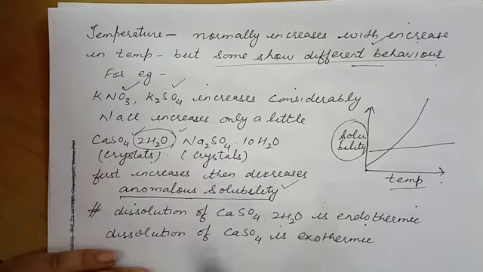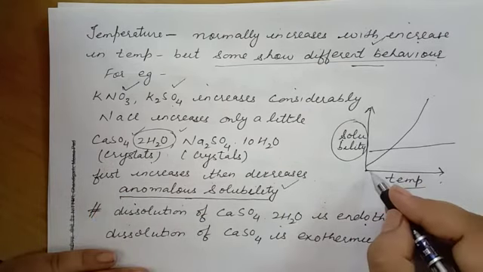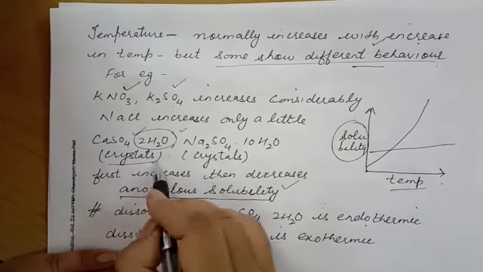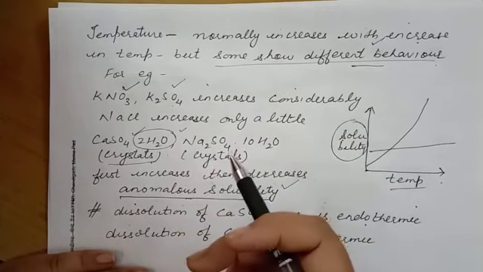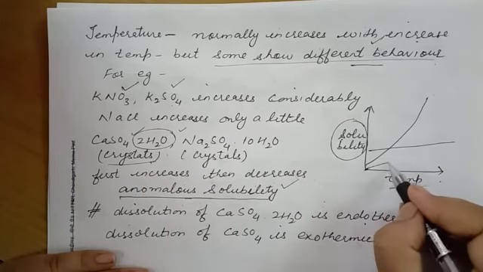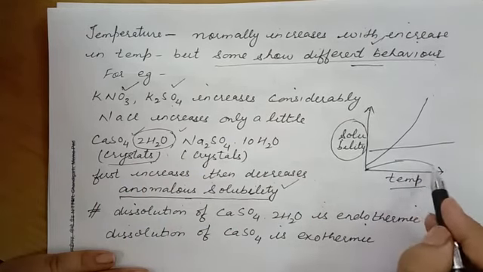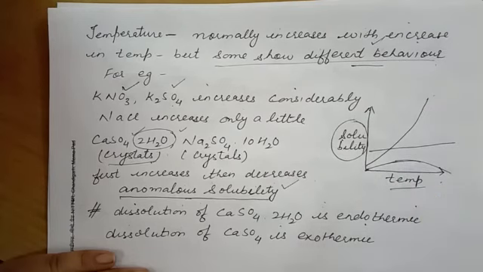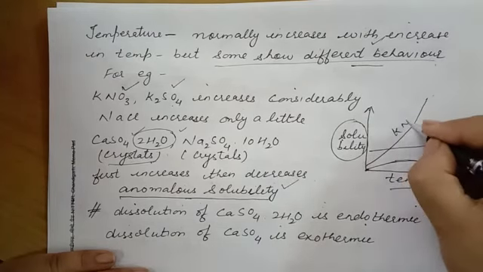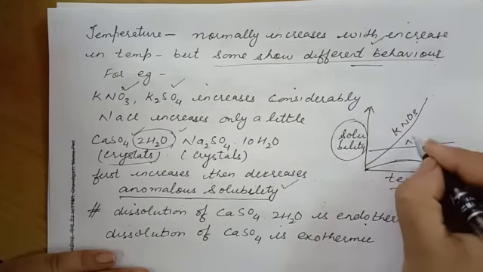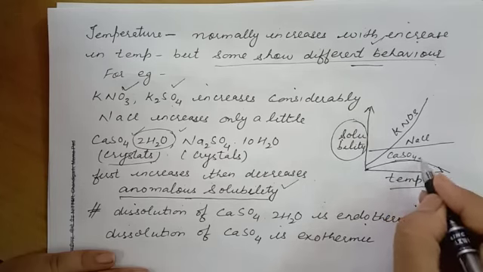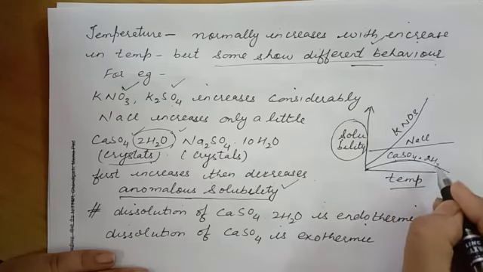So this is about calcium sulfate crystals. We call these hydrated salt crystals because they are always in crystalline form. So they first show increase and then show decrease. Such type of solubility we call it anomalous solubility. So this one is for potassium nitrate, this one is for NaCl, and this one is for calcium sulfate dot 2 molecules of water.